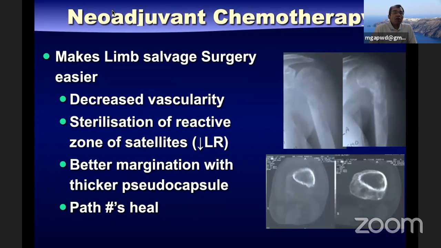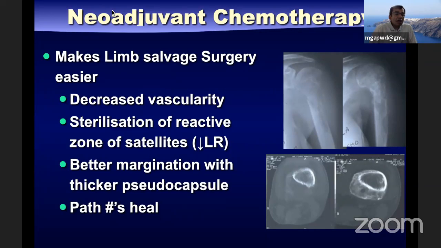Sometimes, therefore, especially around important structures like the neurovascular bundles, a smaller margin becomes acceptable just because we have chemotherapy which has controlled the tumor. Now, if you don't get a good response to chemotherapy, then the local recurrence rates are higher.